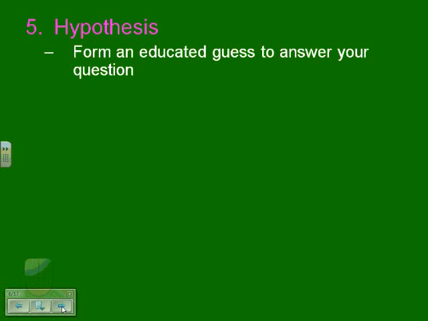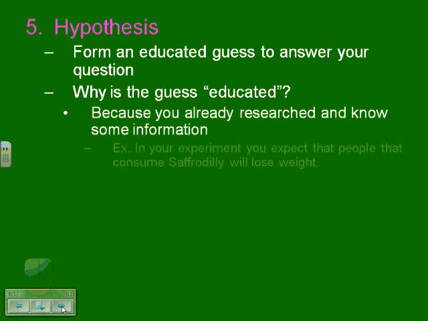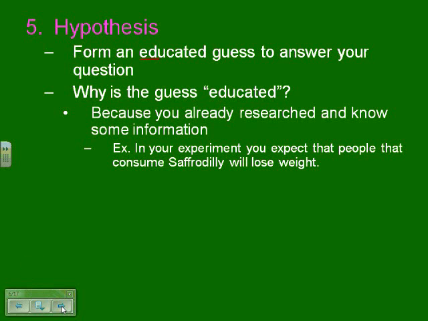After you've designed this whole elaborate experiment, you need to make an educated guess. Why would I call it an educated guess and not just a guess? Key thing to recognize is that in the scientific method, you already researched.